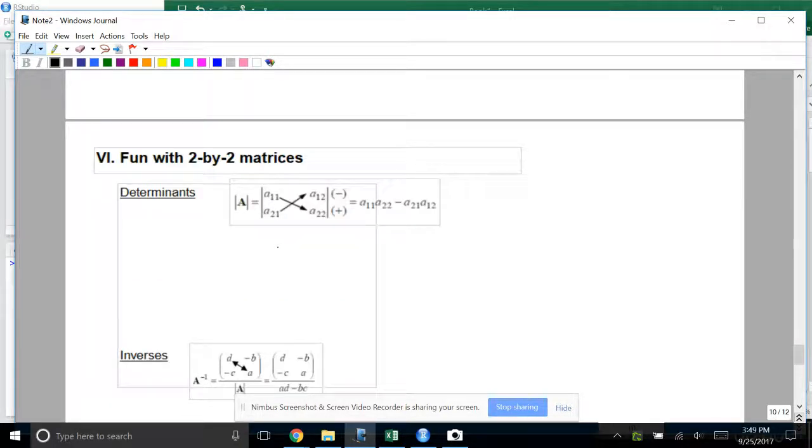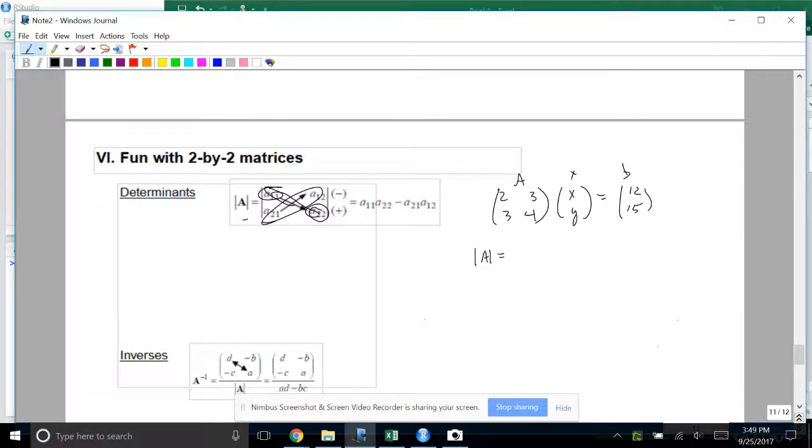All right, so finding determinants of 2 by 2s is really easy. If we start back with our first set of equations, 2, 3, 3, 4, here's our A, and then we have our x variable, and we have the B, which is 12 and 15. To find the determinant of A, all we do is take the product of the diagonals minus the product of the off diagonals.